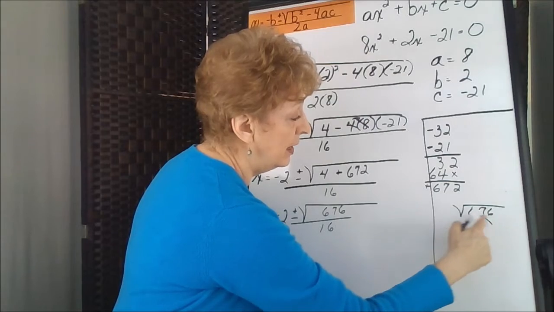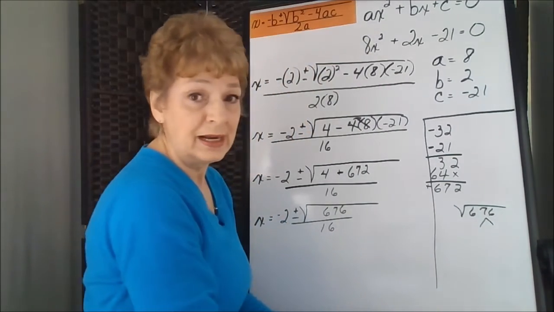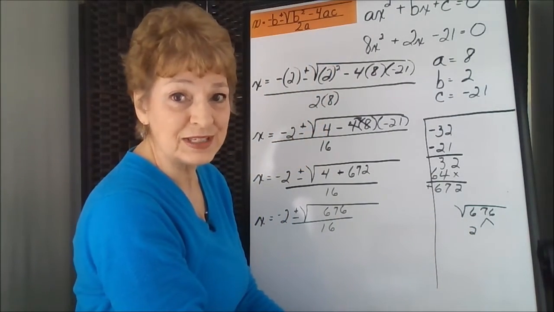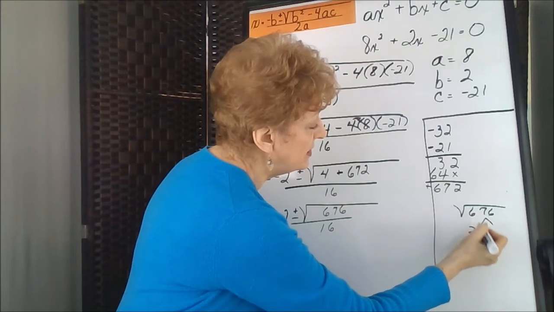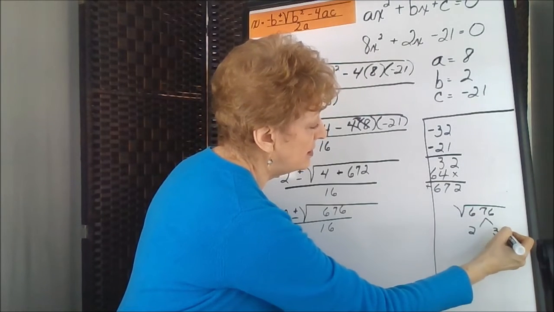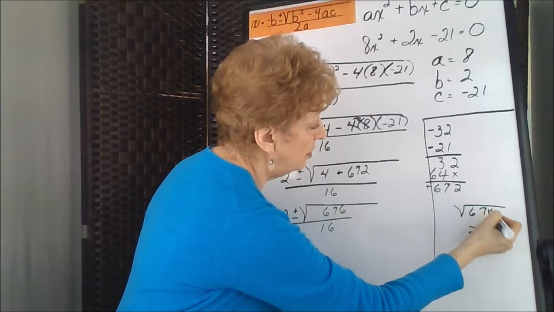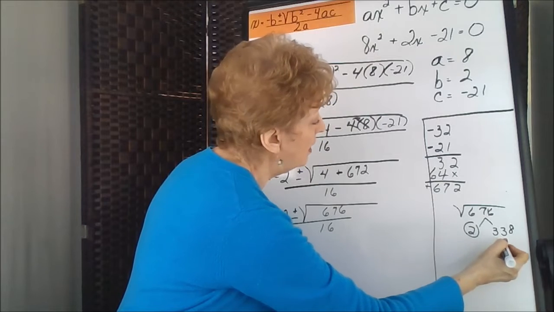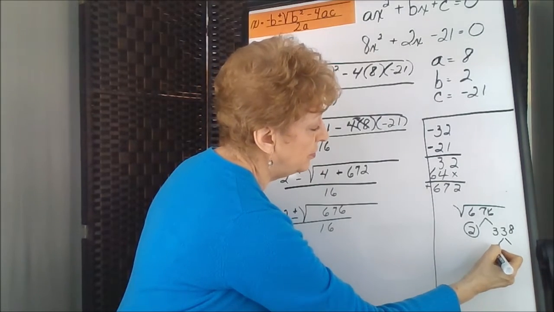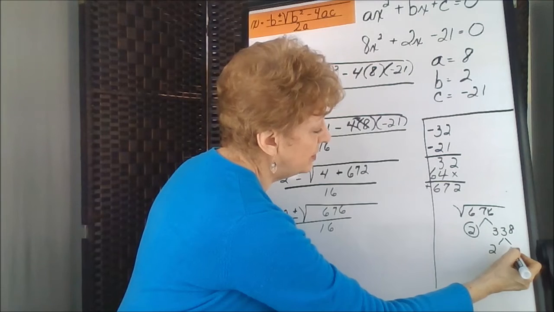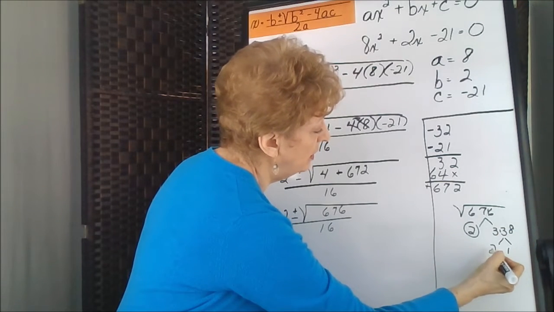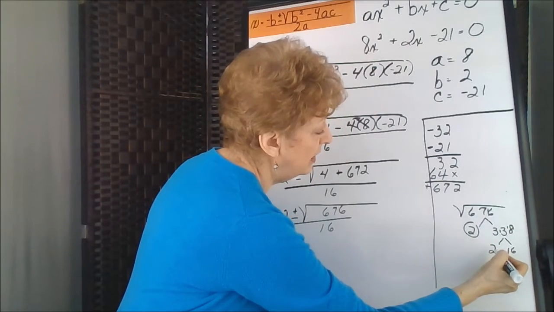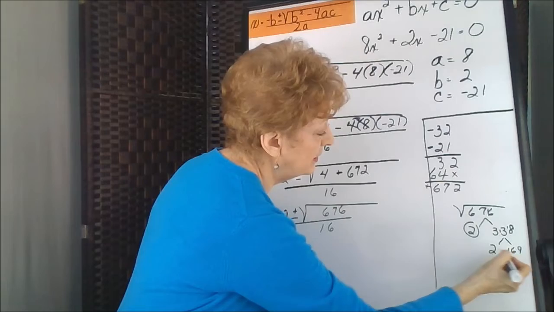I can see that my number is even, so I know 2 divides into it evenly, thinking back to the divisibility rules. 2 divides into 6 3 times, into 7 3 times with 1 left over, and then we have 8. 2 is prime, 338. 2 divides into 3 once with 1 left over. 13 would be 6 with 1 left over, and 2 divides into 18 9 times.